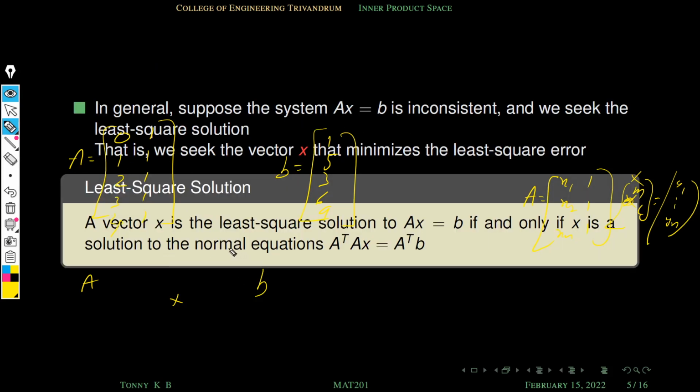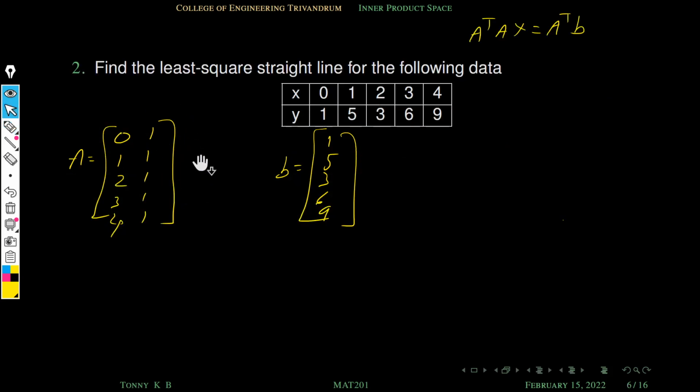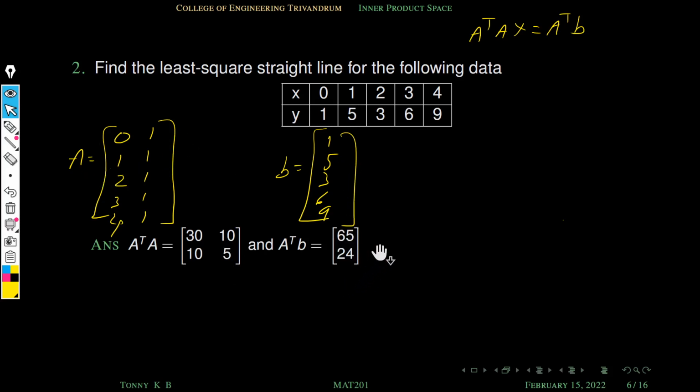So we have to find the best straight line. How to find it? By solving the normal equation. Next you have to find A transpose A and A transpose B, then solve. A transpose A is like this: 30, 10, 10, 5. Similarly A transpose B, you take the transpose of A times B, that gives a vector like 65, 24.